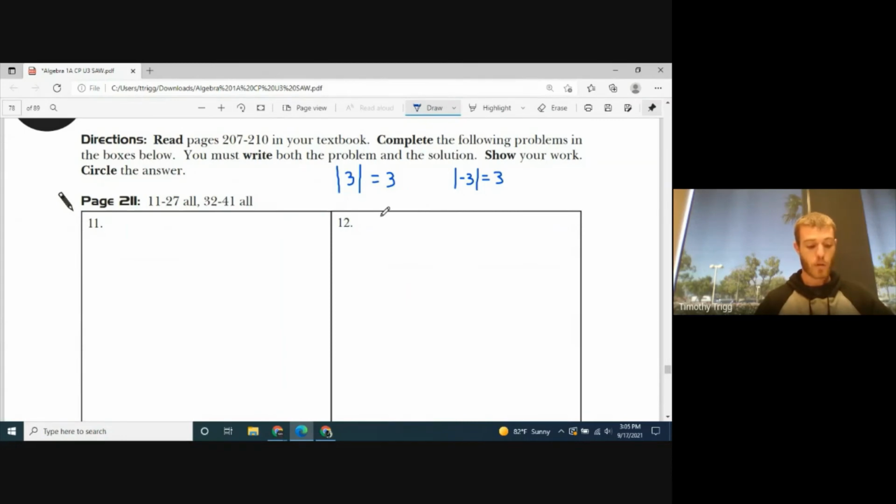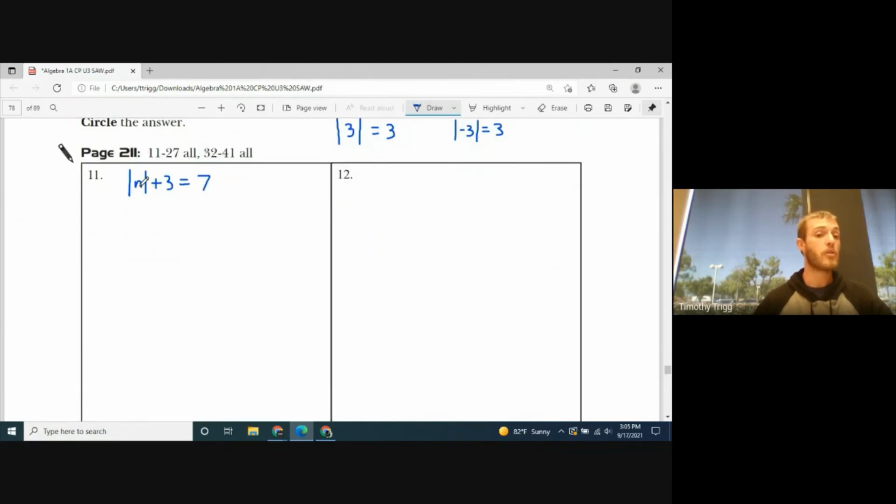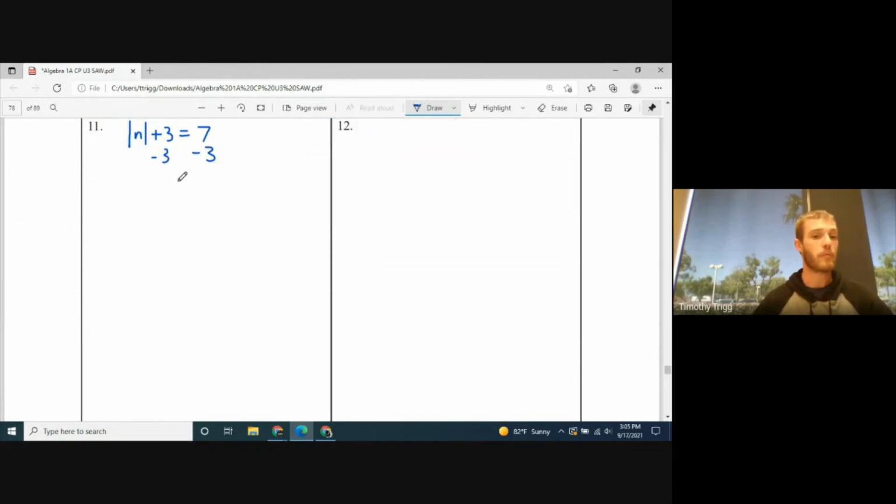Okay. So for example, with number 11, let's go ahead and solve this one. It says the absolute value of n plus 3 equals 7. Now we want to try to figure out what value could go in here. So we're going to subtract 3 from both sides, similar to what we've done before.